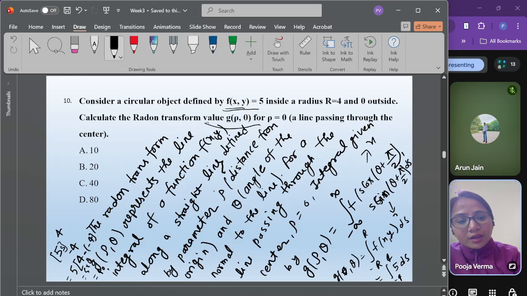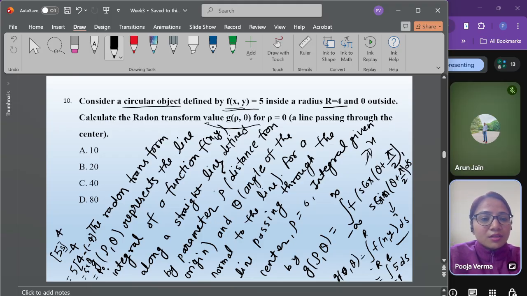Just put this in the equation, taking the function as a constant. Because of the circular object, the radius is 4, and for a circular object a constant value of the function is given.